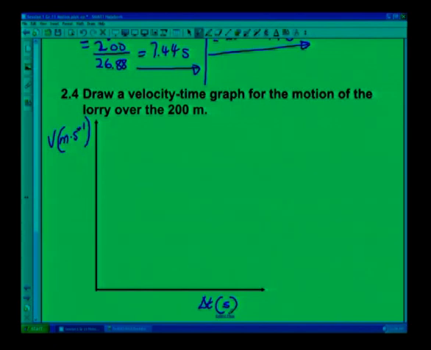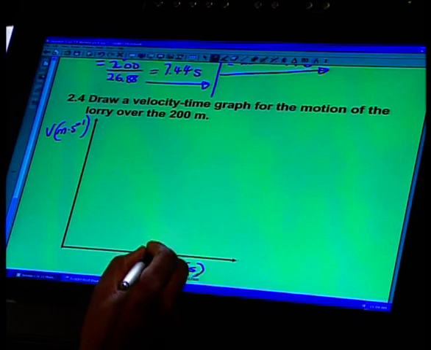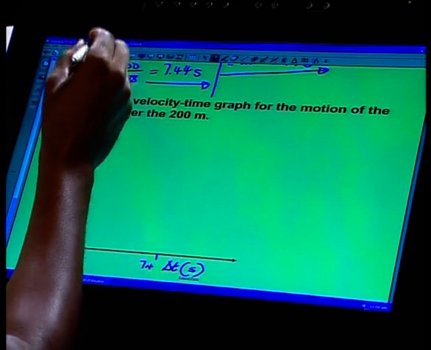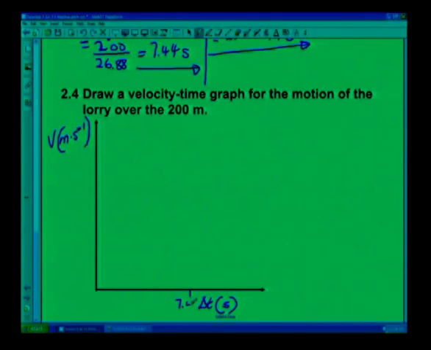Now, from my calculations, the time the lorry took to undergo the 200-meter journey is 7,44 seconds. So let me have my 7,44 seconds there. And we started looking at this lorry when it was already in motion.